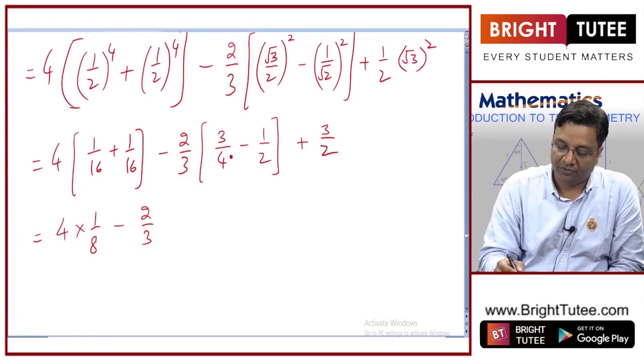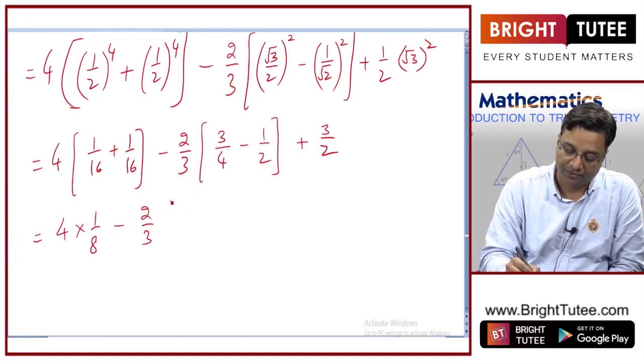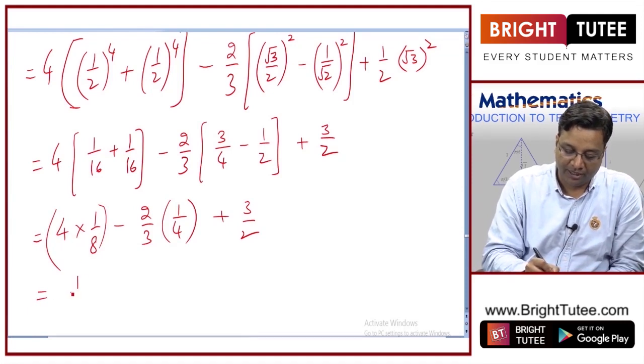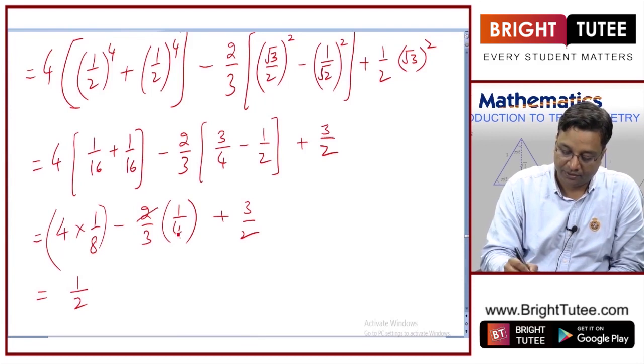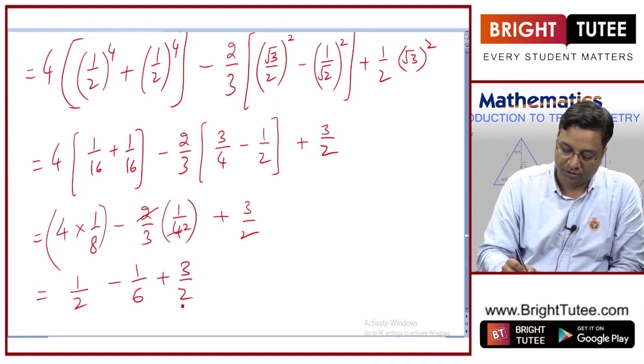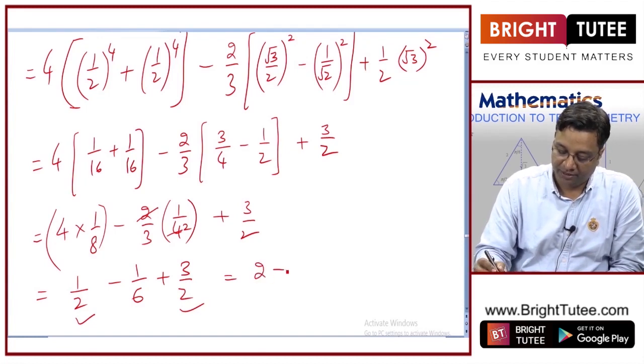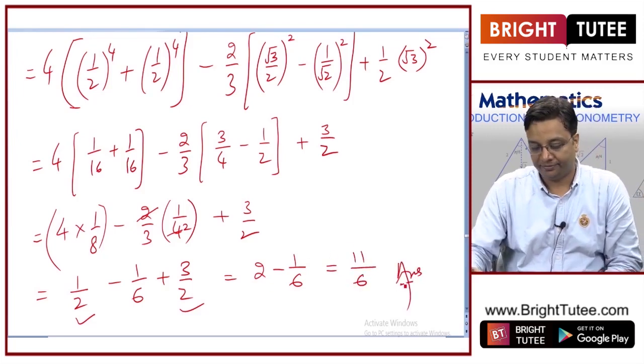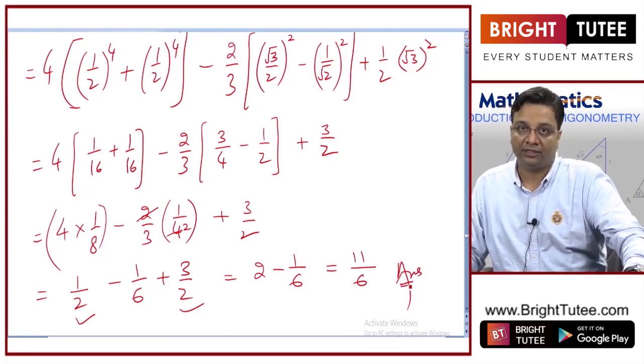This is 2 by 4, so 3 minus 2, 1 by 4, right, plus 3 by 2. So this can be written as 1 by 2 and this can be written as 1 by 6 and this is 3 by 2. So 3 by 2 and 1 by 2 will become 2 minus 1 by 6. So it is equal to 12 minus 1, 11 by 6. So this is your answer for this question.